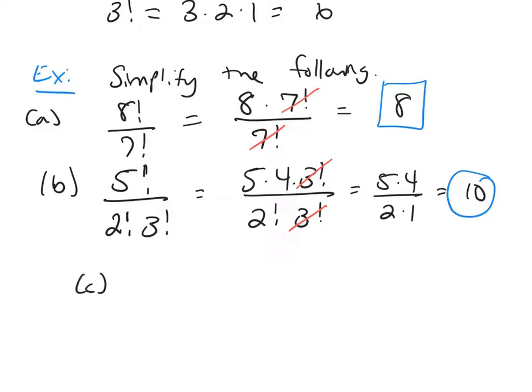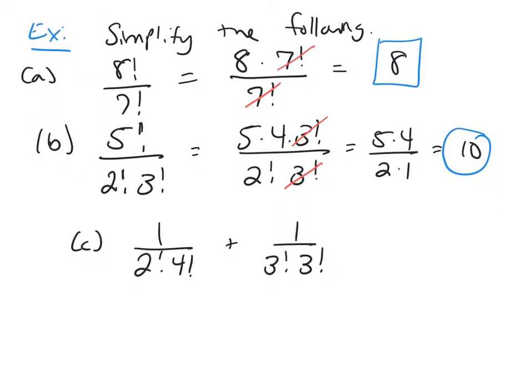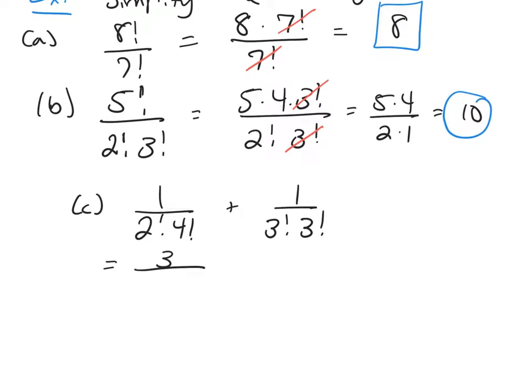Let's look at another one. 1 over 2 factorial times 4 factorial plus 1 over 3 factorial times 3 factorial. These are fractions. The only way you can combine fractions is if they have the same denominator. So we're going to manipulate these and get them into having the same denominator. So I'm going to multiply the first fraction top and bottom by 3. So when I multiply by 3, this will become 3 factorial times 4 factorial.